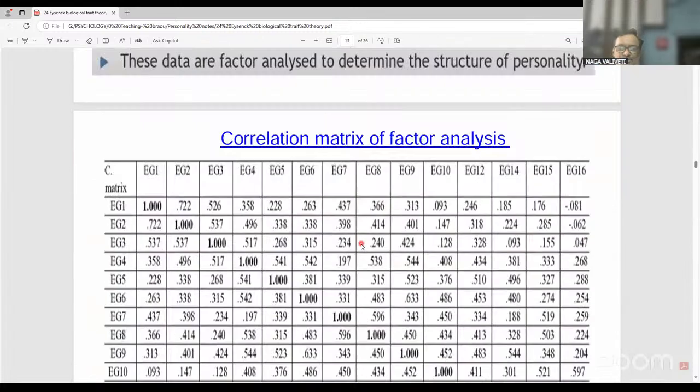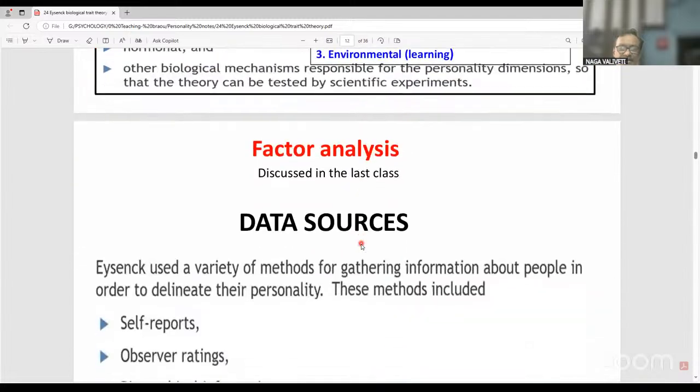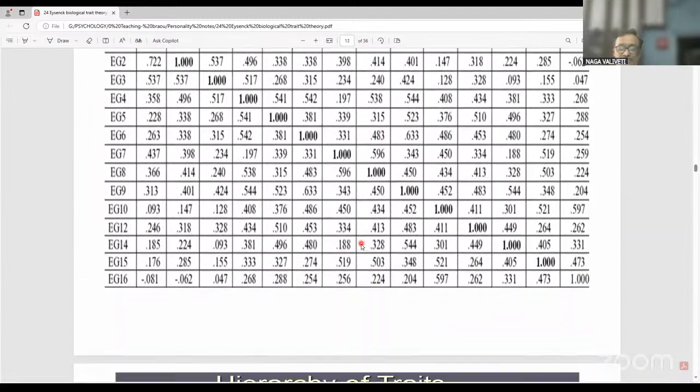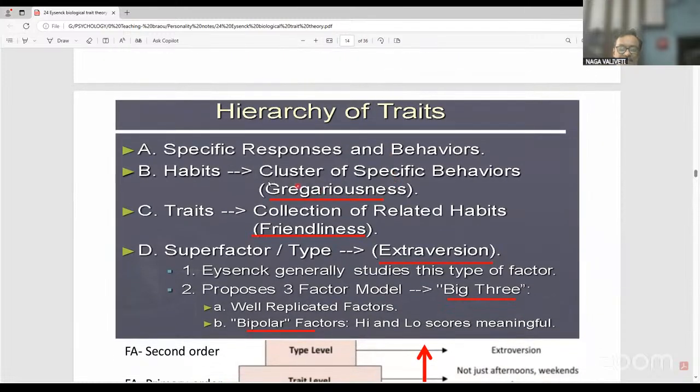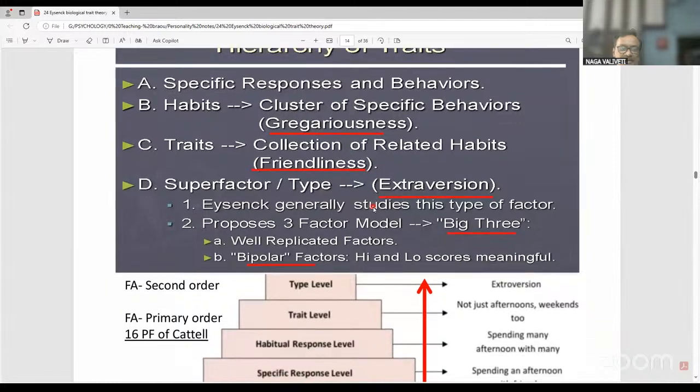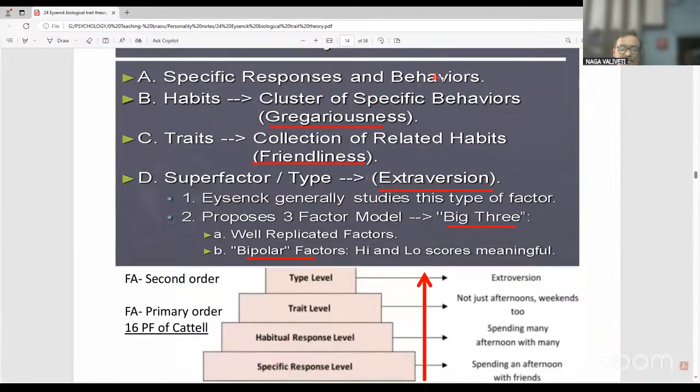Factor analysis was used. He had given the causative factors also, like biological factors and environmental factors, and even within the biological factor, the coordination among all of them is also contributing. He had given a hierarchy: routine behaviors become habits, a cluster of related habits becomes traits, and related traits become types.